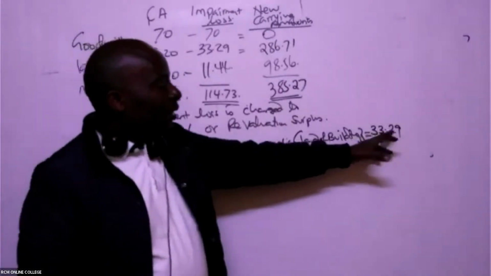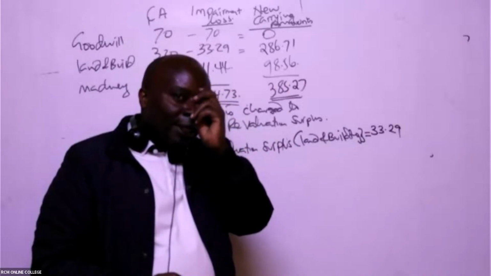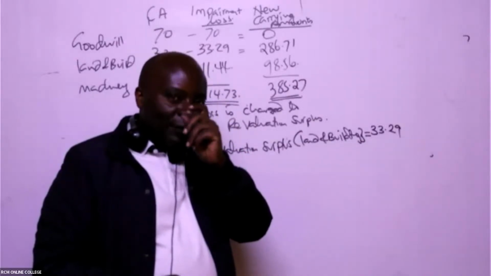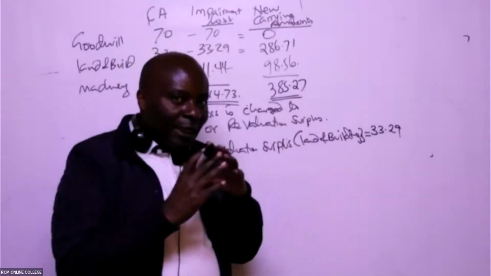Fortunately, this is less than 65, so our impairment loss is well within that 65.